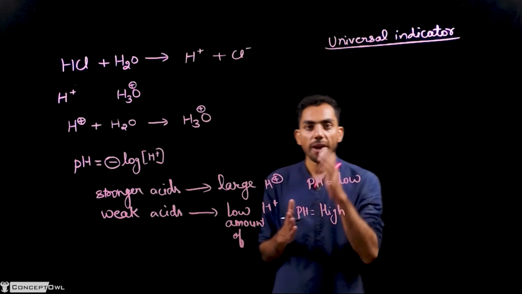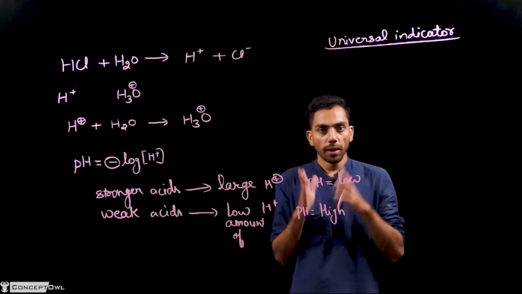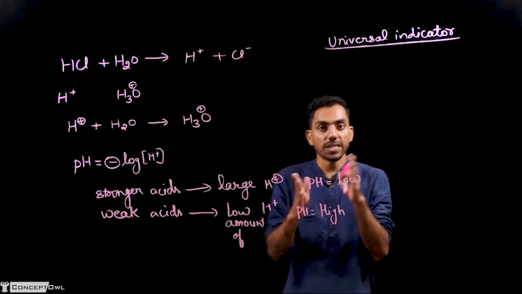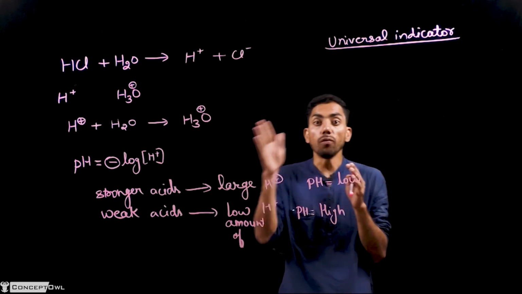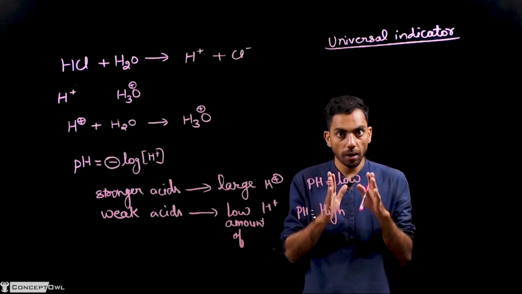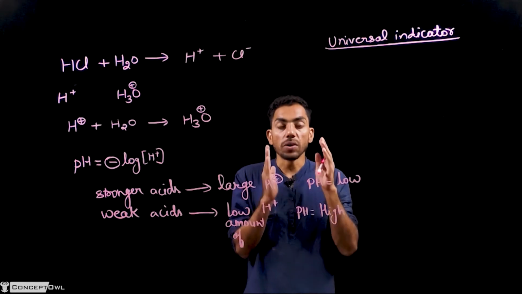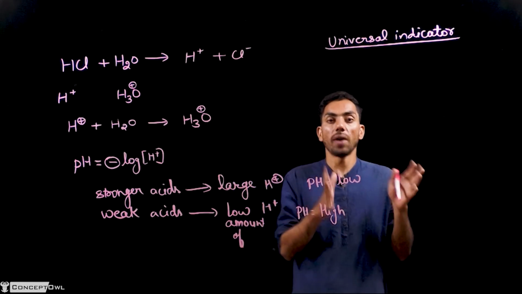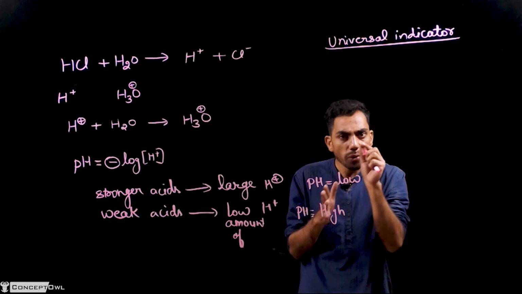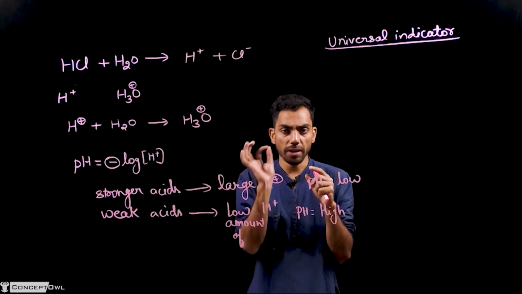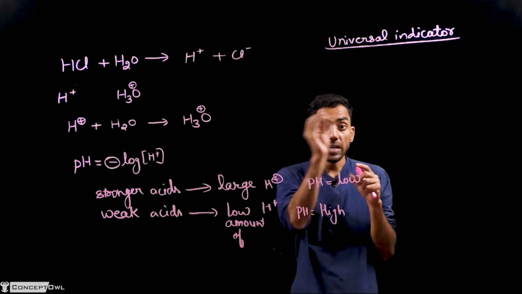Now here I have a question for you. Imagine you have an acidic solution and you are adding water into it. What will be the change in the concentration of H positive ion? Now you have to be careful here. I am saying we are adding water into the acidic solution.